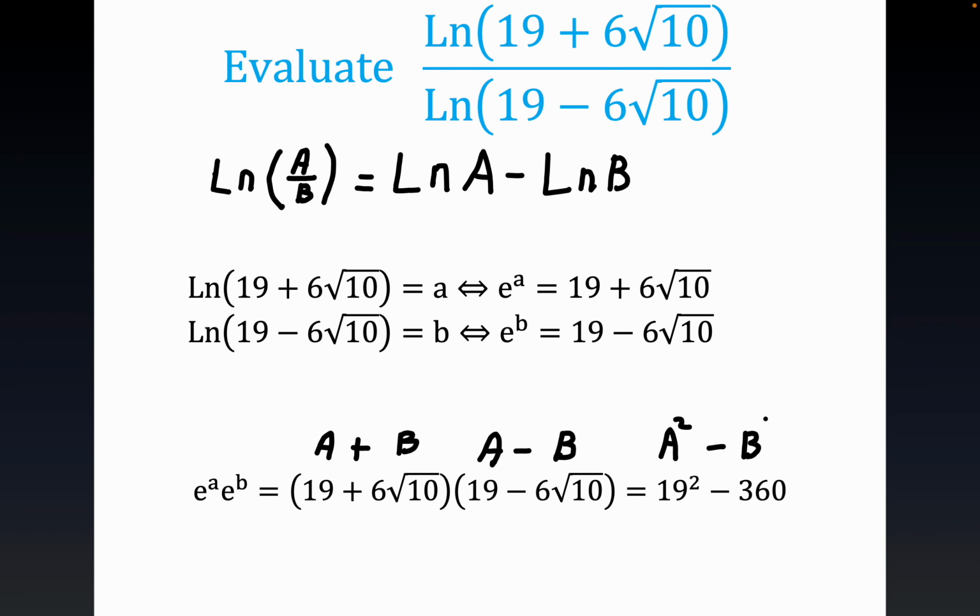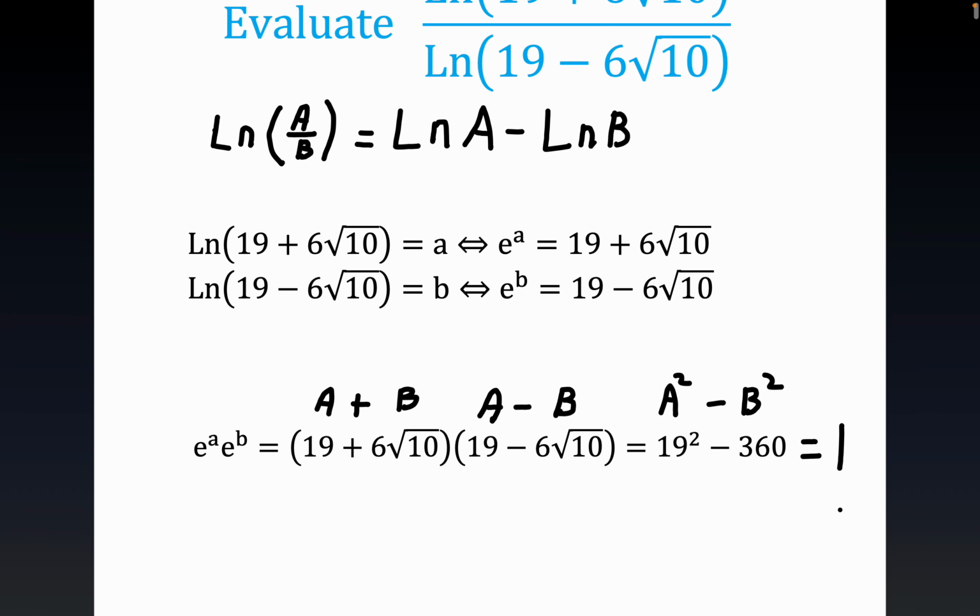I still see people trying to expand this out and then they notice things cancel, but there's no need to do that. Now notice that if this is your B, 6 times 6 is 36, square root of 10 squared is 10, 36 times 10 is 360, you see right here? This is 361, so this is actually equal to 1. 19 squared is 361, and that's what makes this thing work out rather nicely. But there's still one little step we need to take.